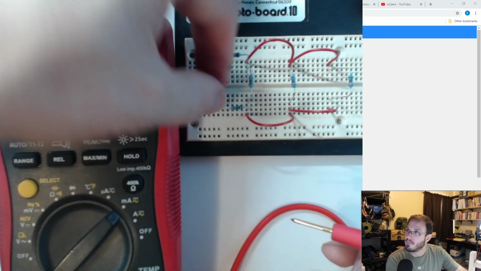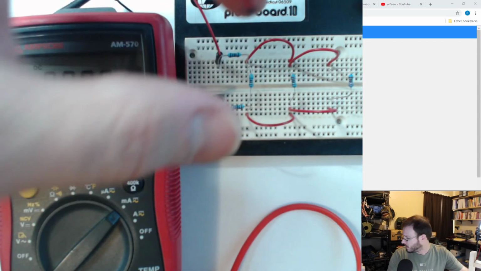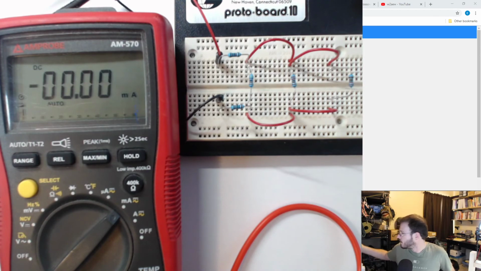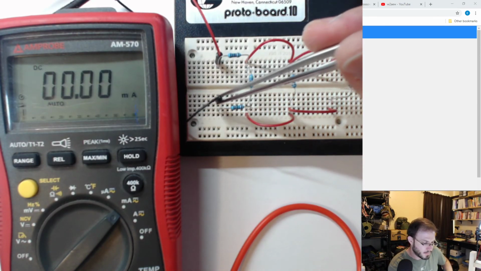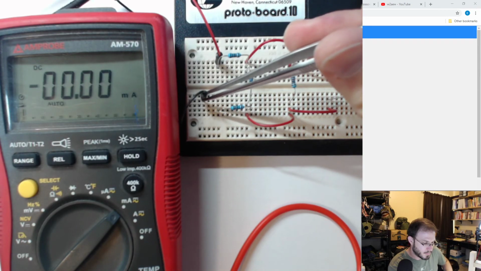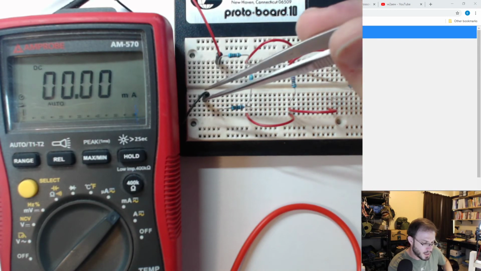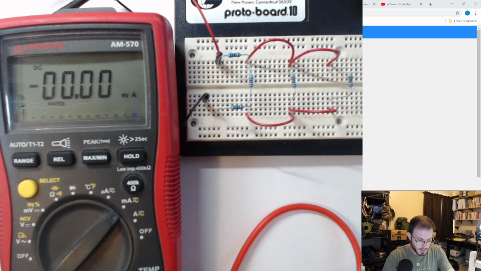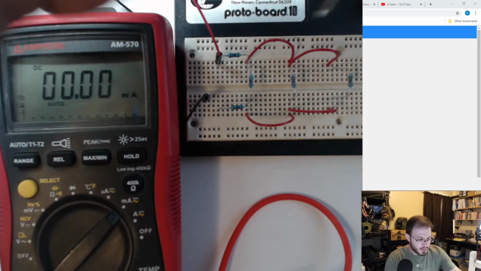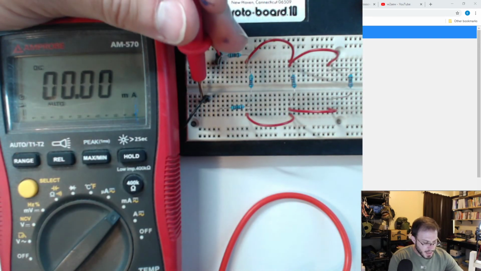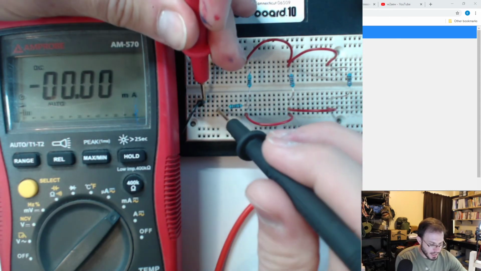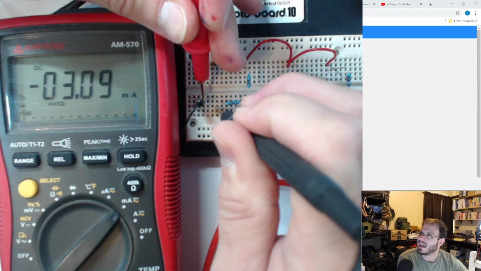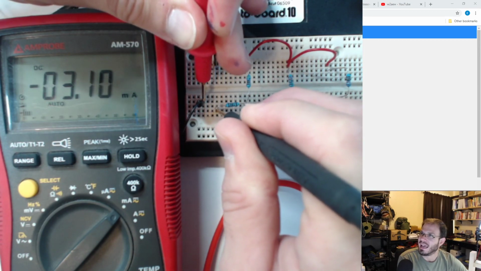I'm going to do the same thing. I'm going to disconnect, and I'll use a pair of tweezers so you can see it. Okay. So I moved it into an unused group of 5. Now I am going to complete the circuit with my multimeter. I got 3.10.